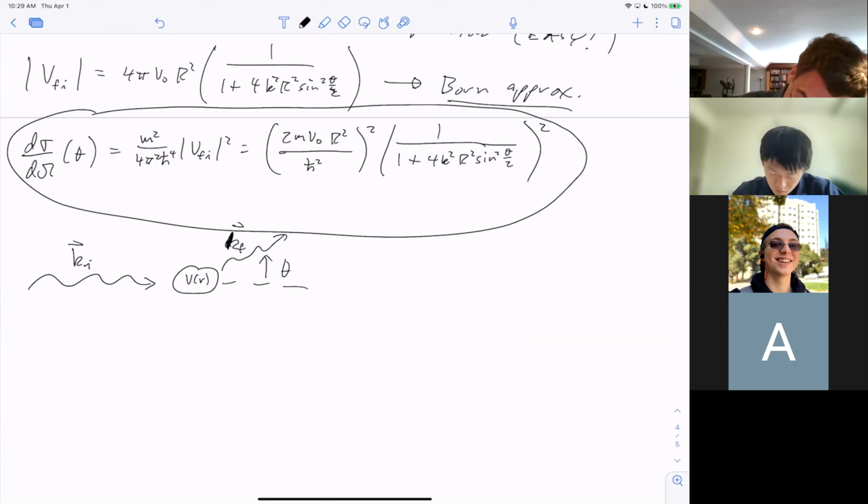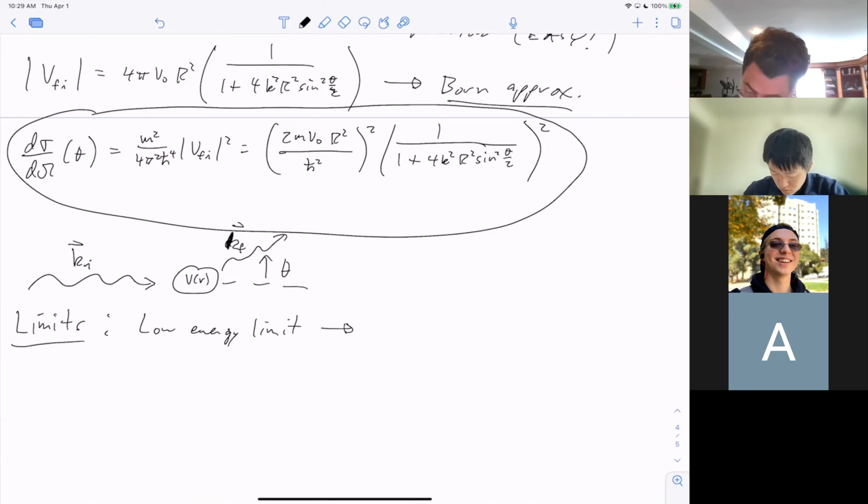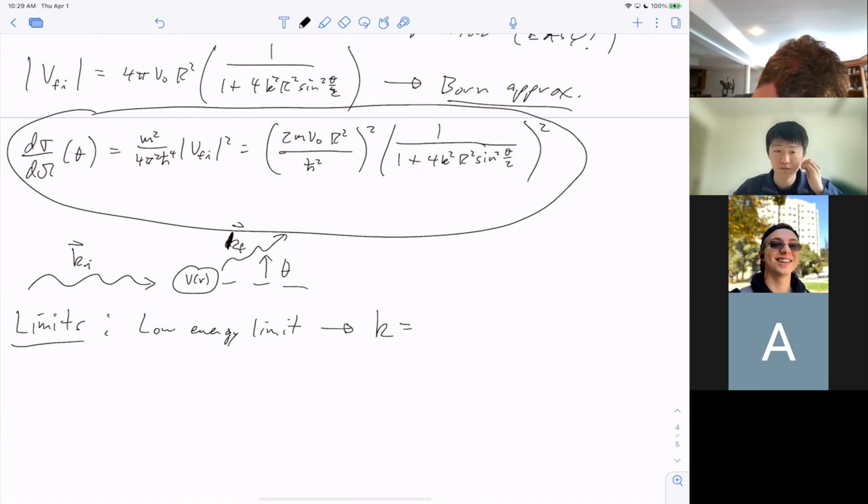So that's the whole process. And so now let's consider what happens in some limits. Let's consider first the low energy limit. The low energy limit means that the energy goes to 0. But remember, k is equal to the square root of 2mE over h bar.